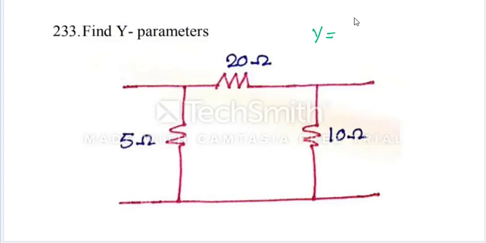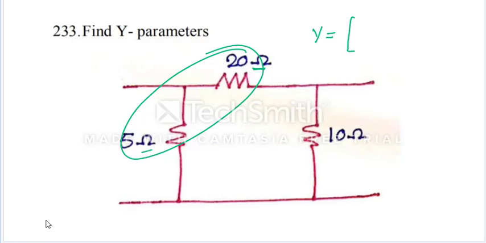Y parameters. This is somehow these two directly 25, isn't it? No. See the units are ohms given now. So convert it to mhos. It is what? 1 by 20 plus 1 by 5. Next, this is minus 1 by 20, minus 1 by 20.